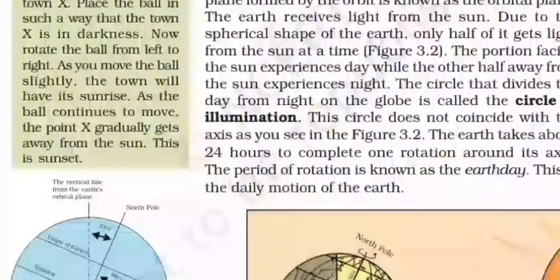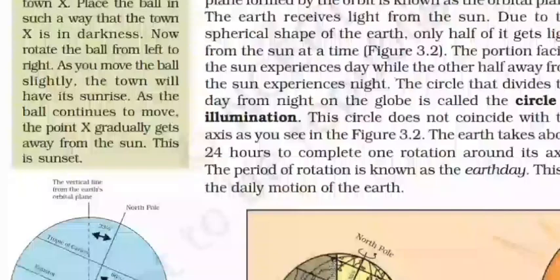The axis of the earth, which is an imaginary line, makes an angle of 66.5 degrees with its orbital plane. The plane formed by the orbit is known as the orbital plane.